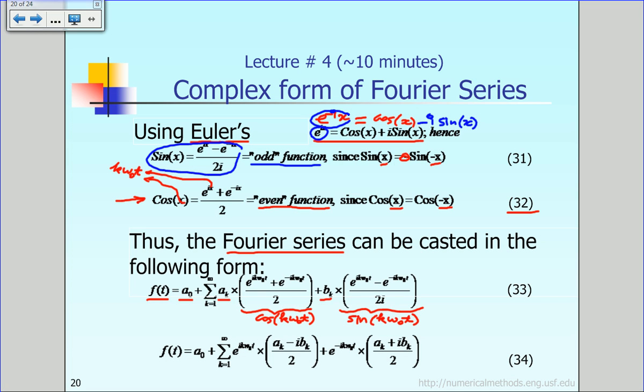So equation 33 again is exactly the Fourier series. The only difference is we replace cosine of the angle k omega naught t or sine of k omega naught t by some exponential form.